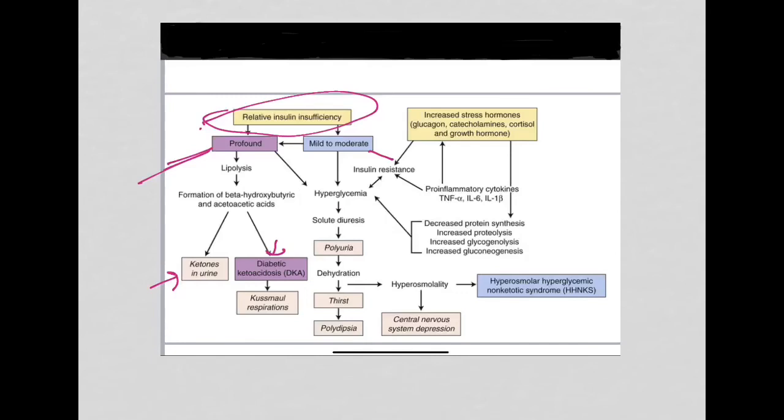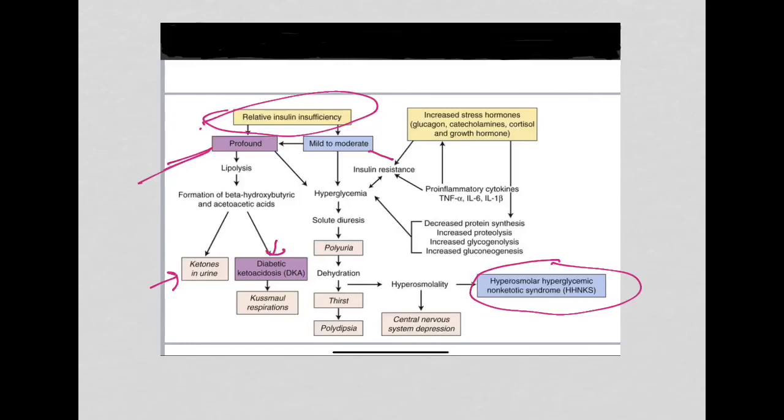One difference with HHS versus diabetic ketoacidosis is that these patients don't develop ketoacidosis, so their pH remains relatively normal. Insulin usually remains available to inhibit lipolysis.